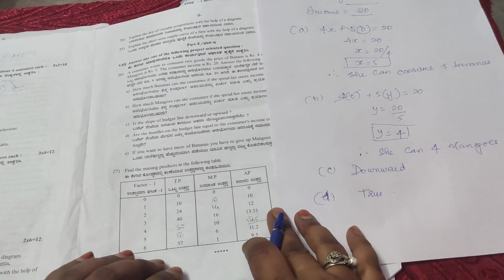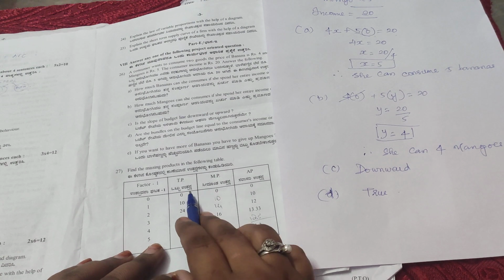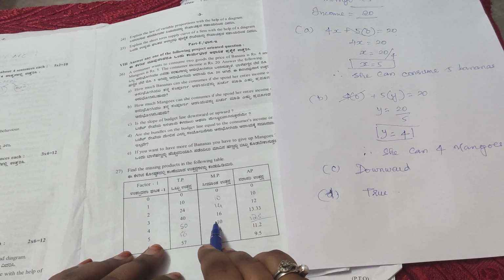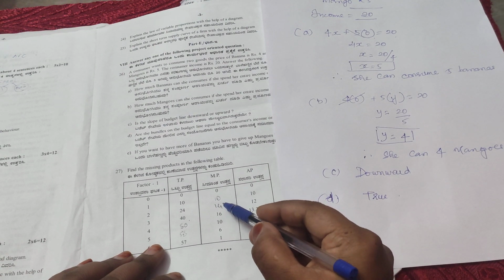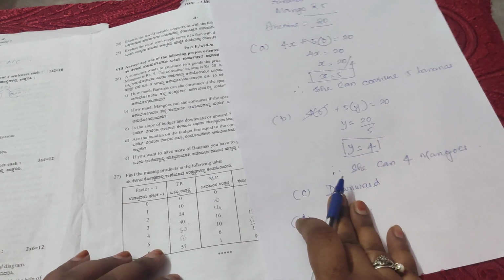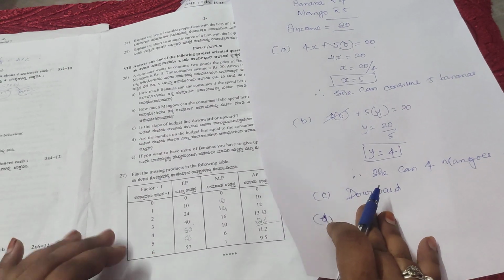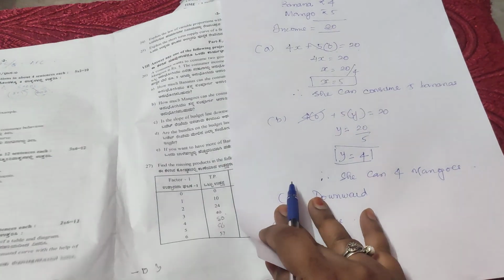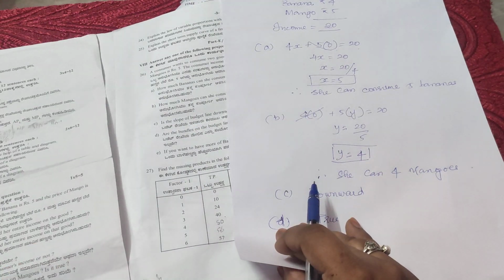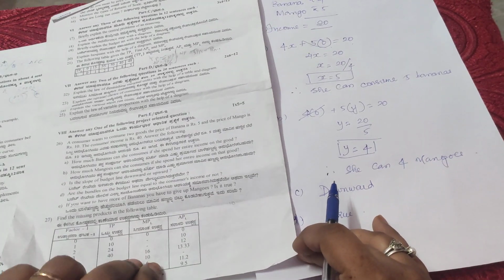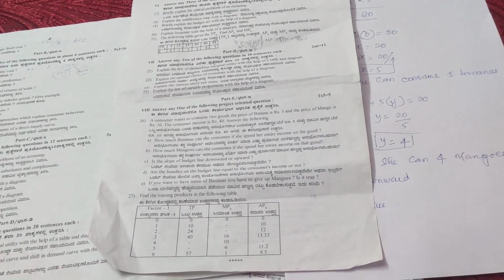Now the missing product. The missing product is TP. We need to find TP. First of all, here you can see the question.